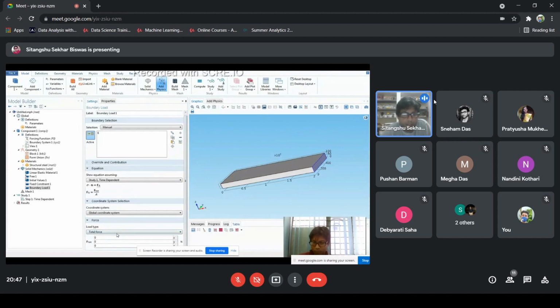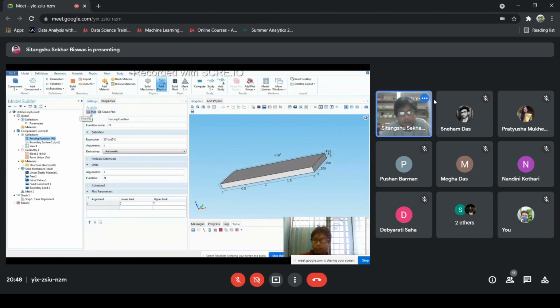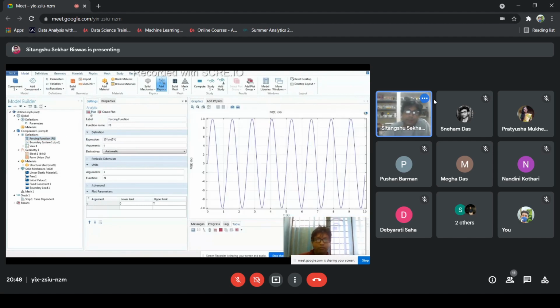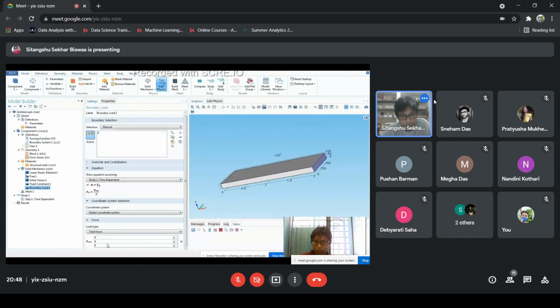Now it should be total force, and already we have defined the force as F0t. If you go to the forcing function and plot it, you see there it is coming as F0t. So the same thing I can write there. It is case sensitive.